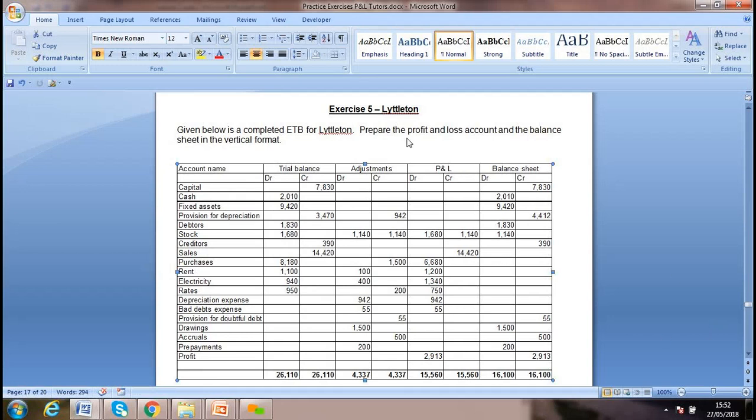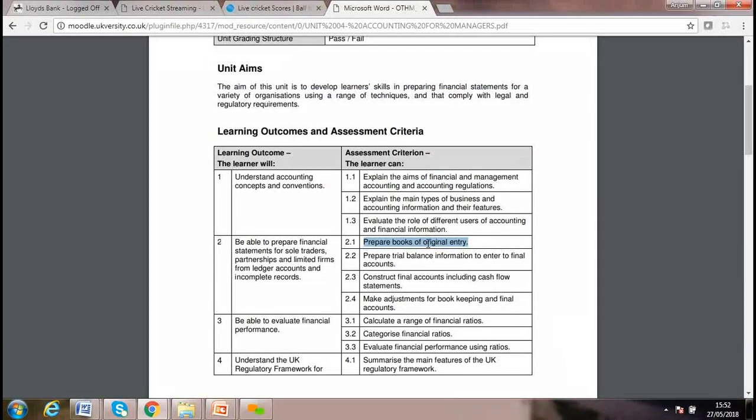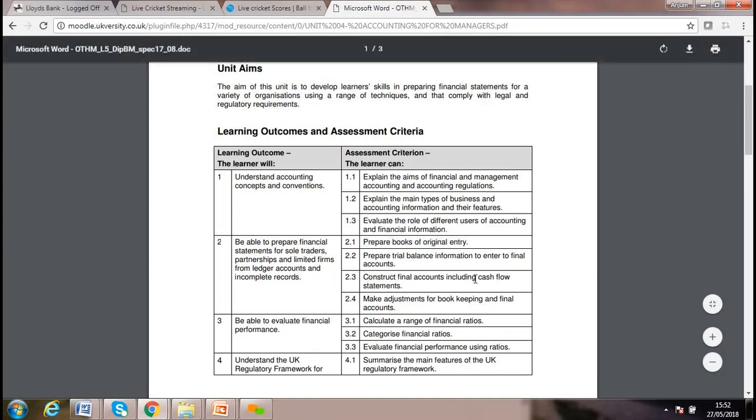This is called adjustment. If we look at the learning outcome, books of prime entry, cash book, purchase book, all these books, from these books we can prepare our trial balance, which we just prepared today. We construct our final accounts, the balance sheet, and we'll go through the cash flow separately. That's the final account adjustment which we just showed.